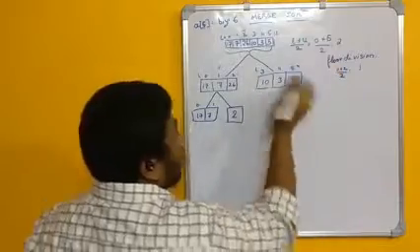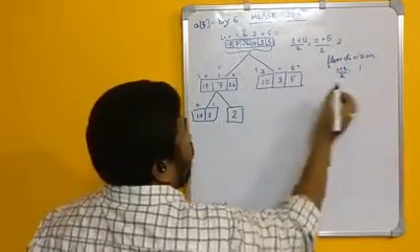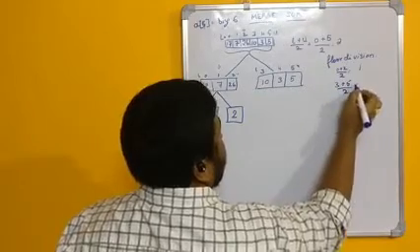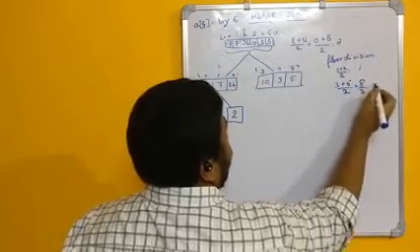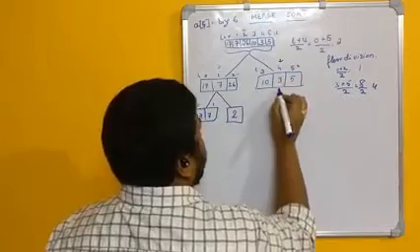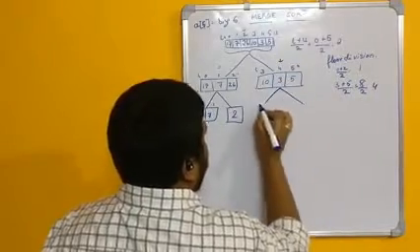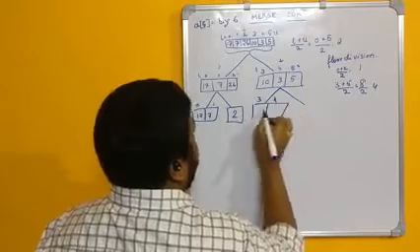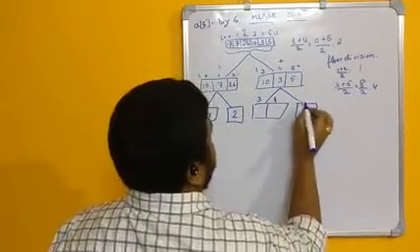Similarly on this side, our lower bound is 3 and upper bound is 5, so 3 plus 5 divided by 2 is 4. Our midpoint is 4, so our next arrays will be 3 to 4 and 5 to 5.